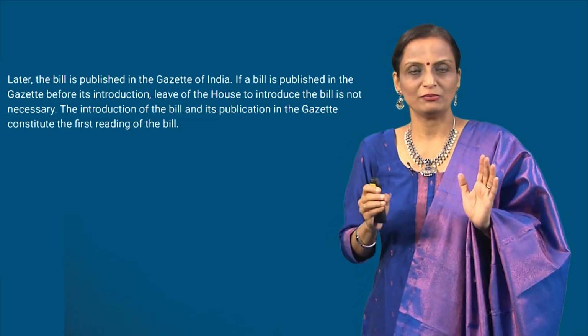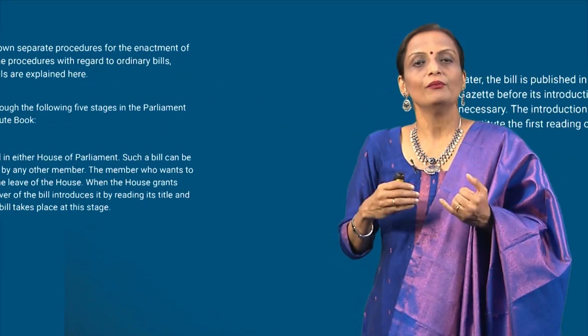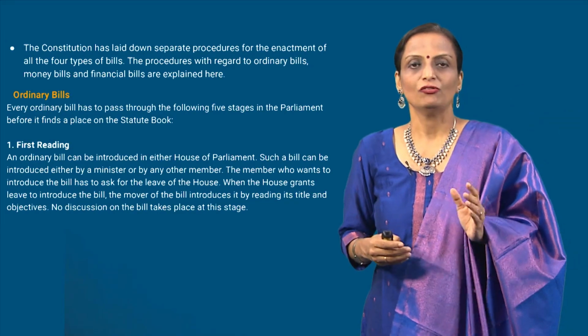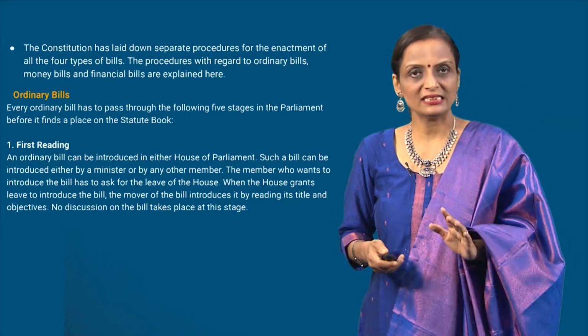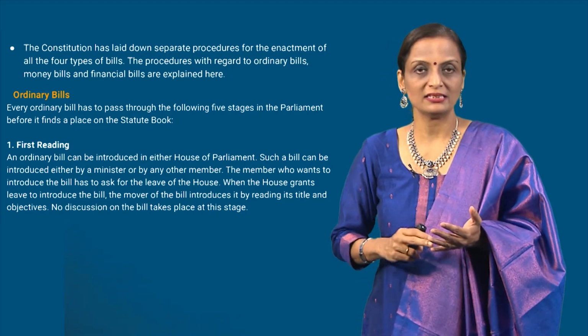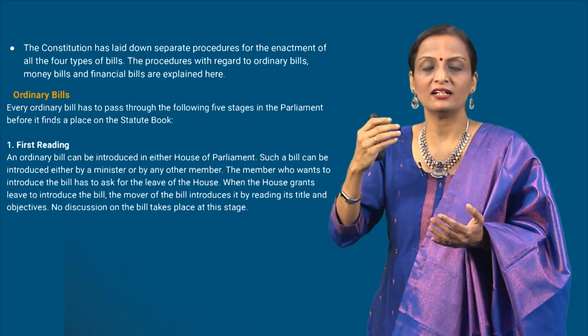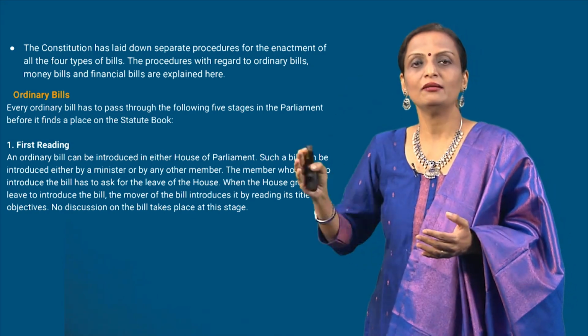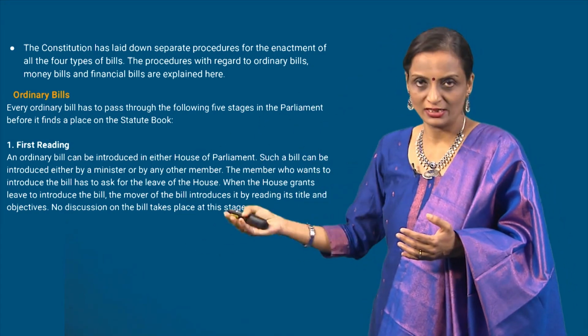We should also reiterate again, we have 5 stages for introducing the bill. The first is the ordinary bill, and in the first stage it can be passed in either house of the Parliament, either by the Lok Sabha or by the Rajya Sabha.